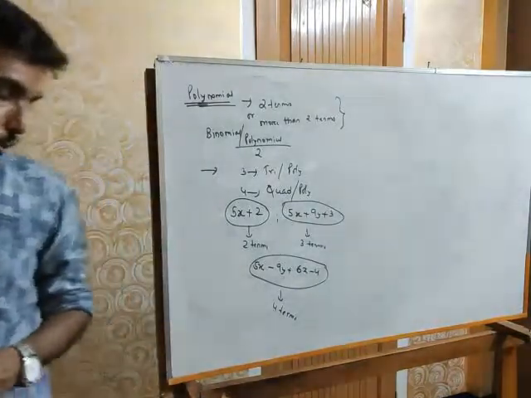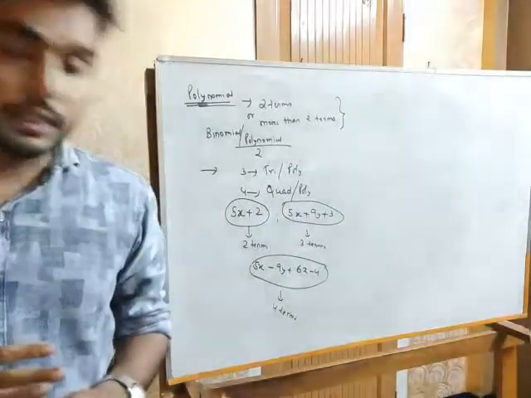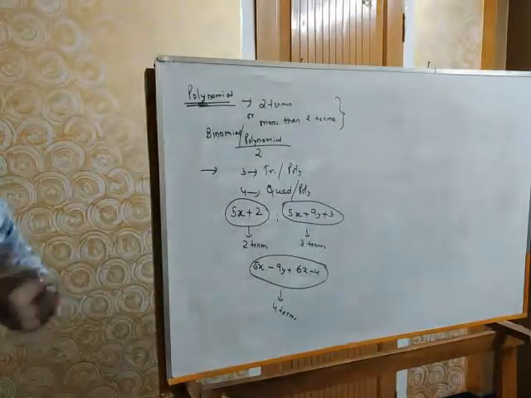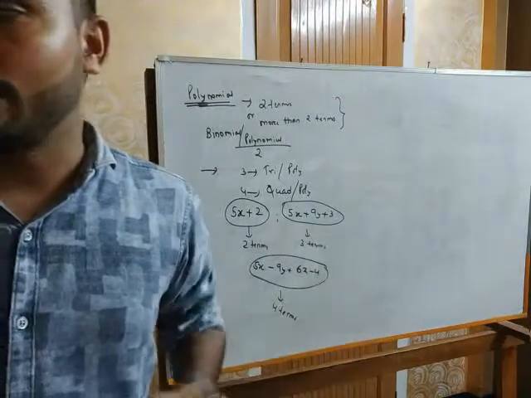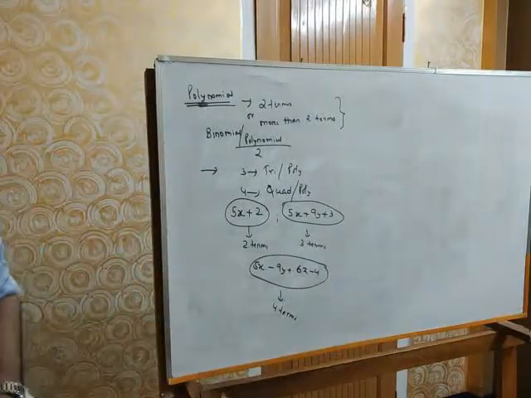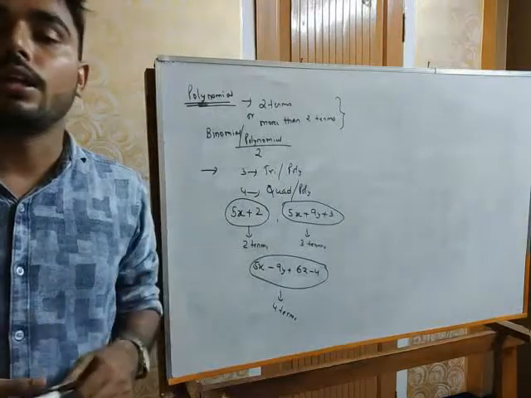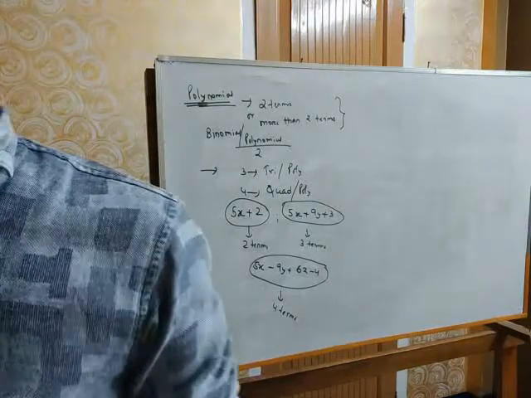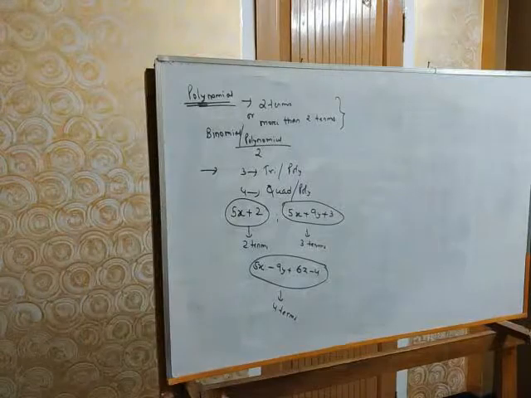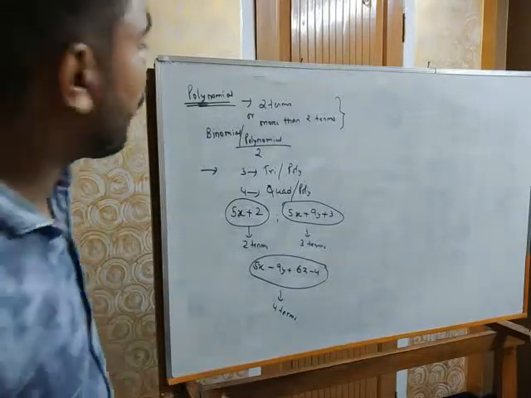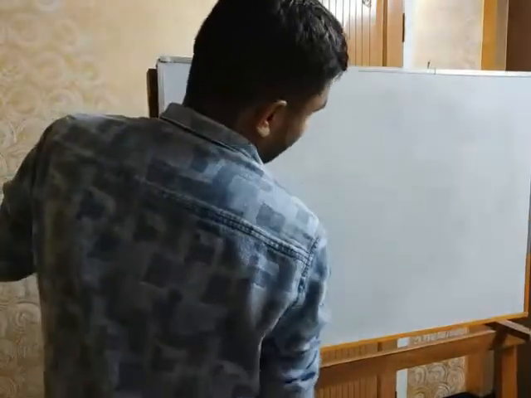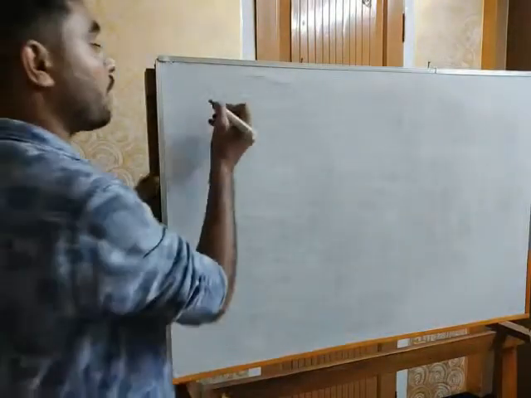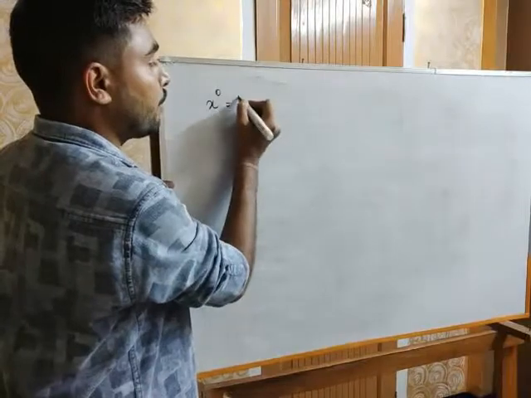What is a zero polynomial? Zero polynomial means when you take constant numbers, a polynomial where you don't see a variable, or the power of the variable is zero. We all know, as we discussed in the last class, that any base to the power 0 is equal to 1.